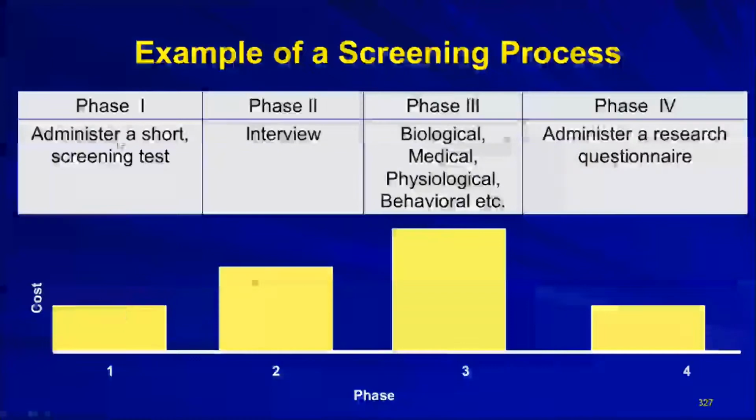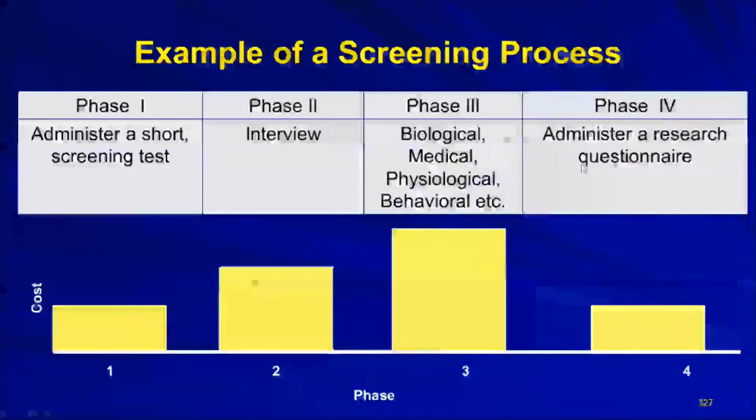So this tells us whether we need to go on to the next phase of interviewing somebody or not. Phase three, we can do all kinds of other tests: biological, medical, physiological, behavioral, mental, psychological, etc. And this becomes a very costly and expensive process as well.